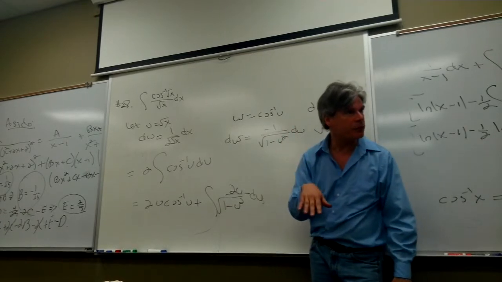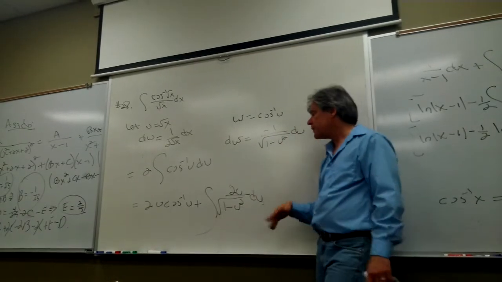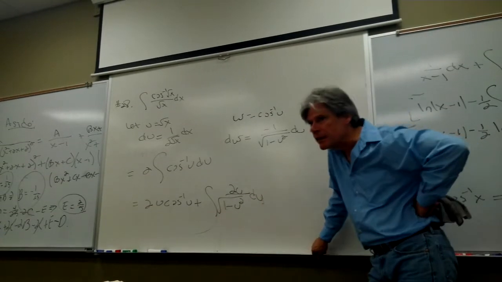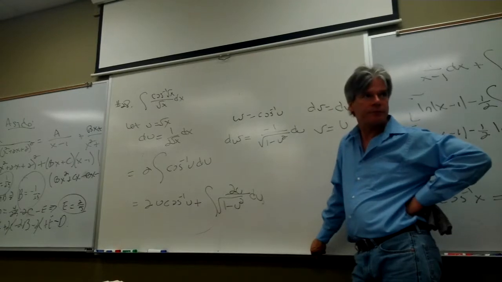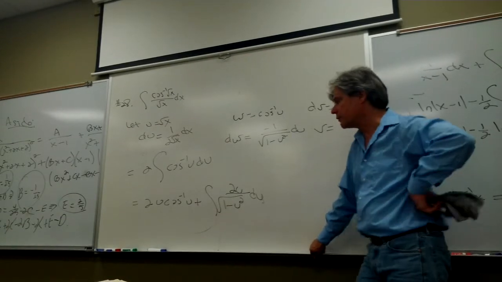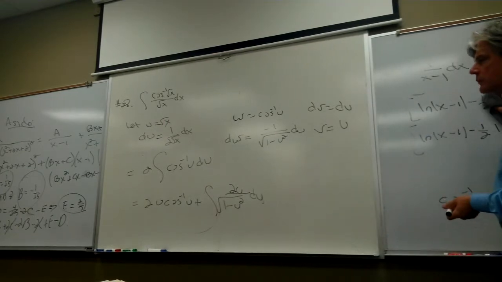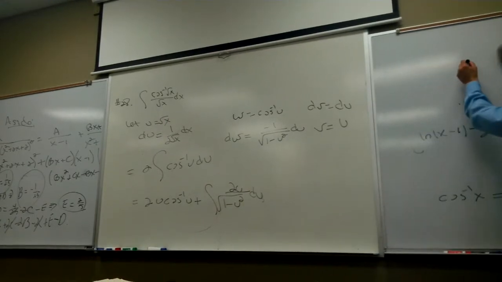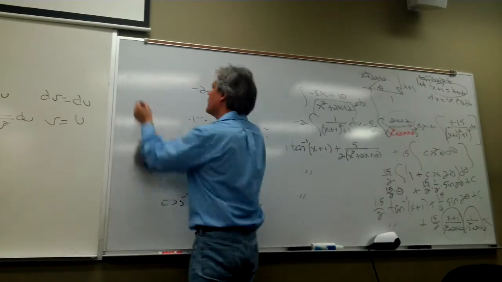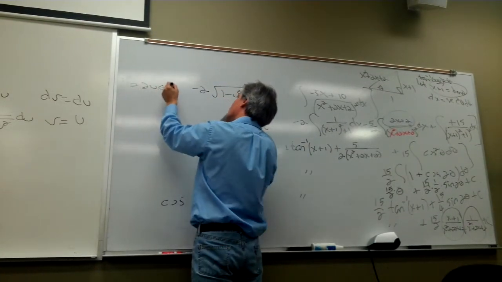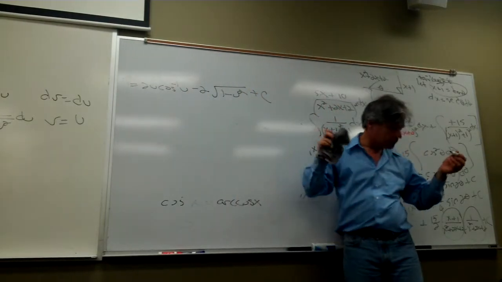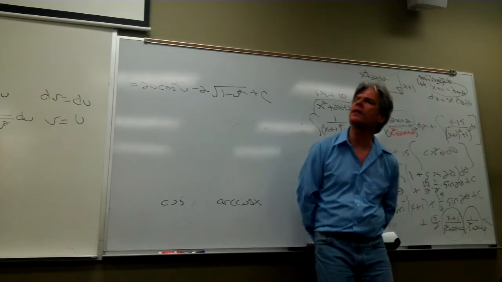Tell me if I'm skipping too much. That means I'm anti-differentiating 1 over root Z. That means I'm anti-differentiating Z to the -1/2. So raise the exponent and divide by the new exponent, would that give me a -2? You guys be honest. Whoops. It's okay. Or did I skip too much?